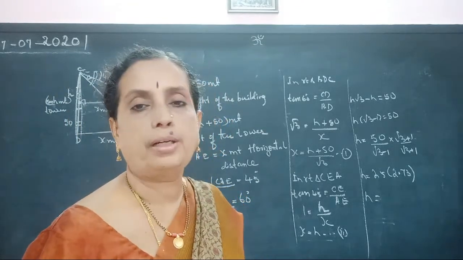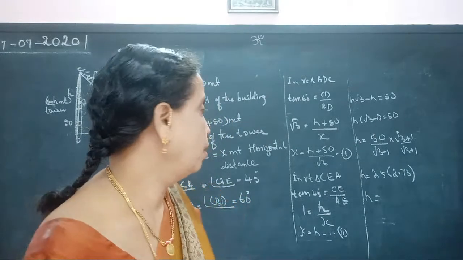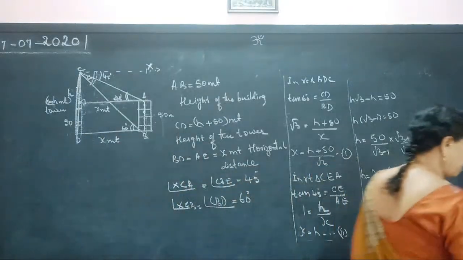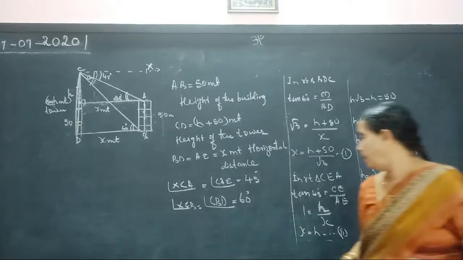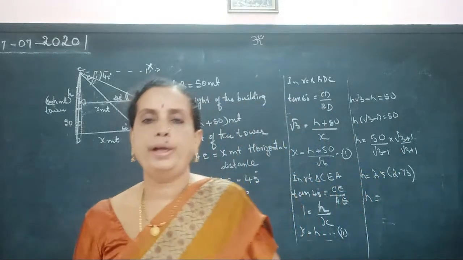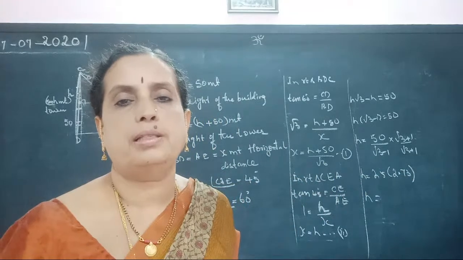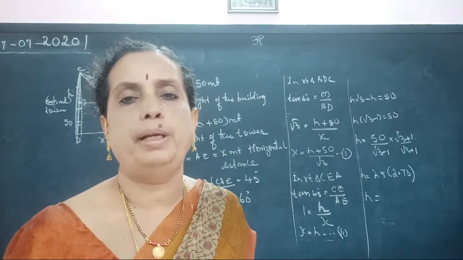What is the product? 25 into 2.73. Do the calculation. It is approximately 68.25 meter.